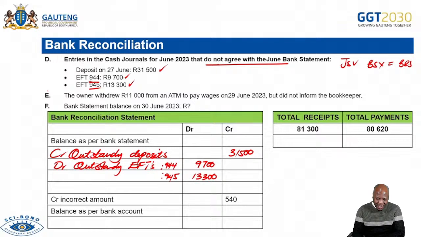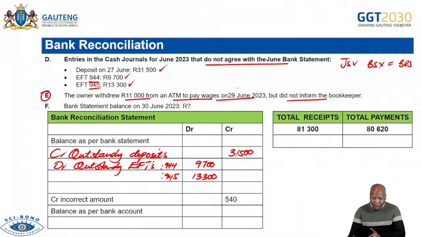Let's do E together. It reads, the owner withdrew 11,000 from an ATM to pay wages on 29 June. Okay? But did not inform the bookkeeper. All right. So we know that these are amounts that do not appear.